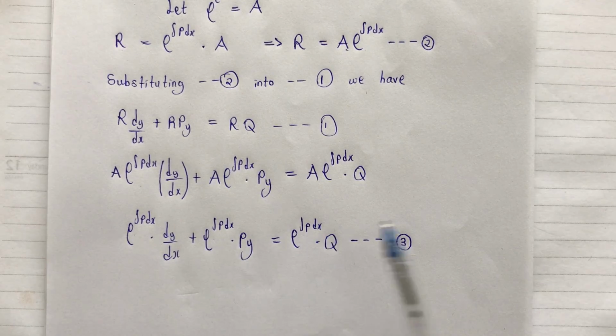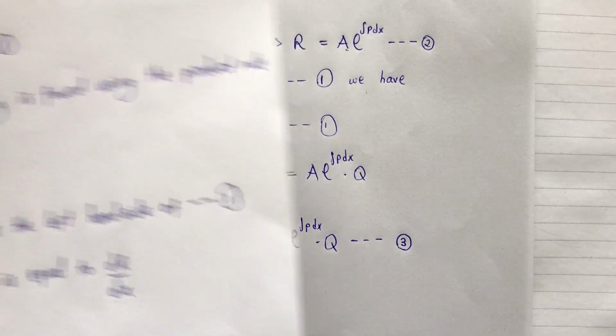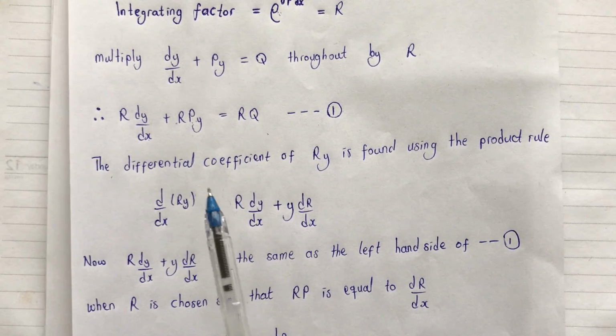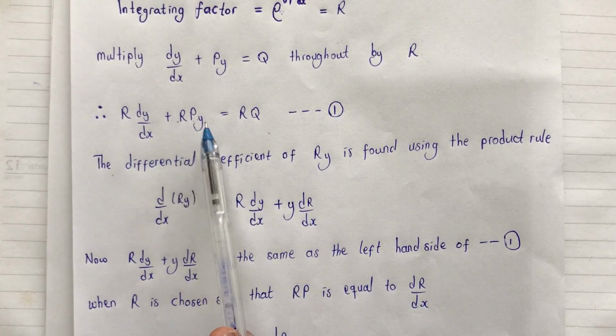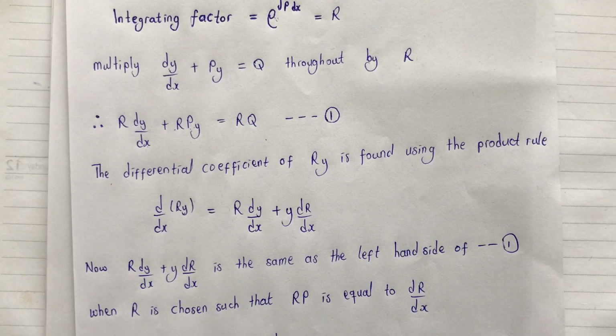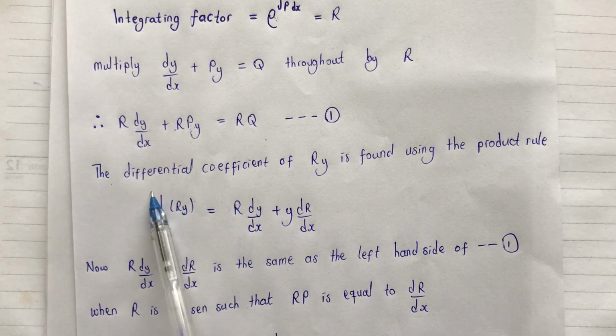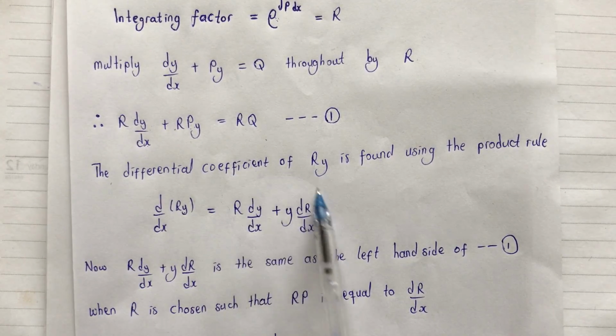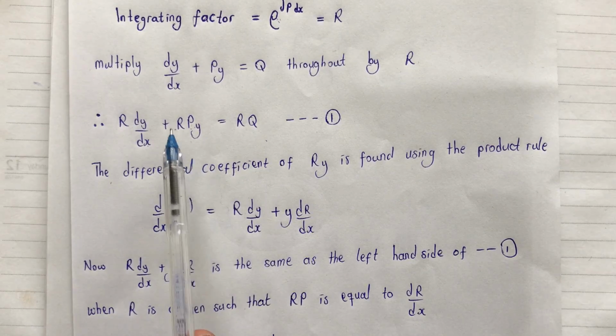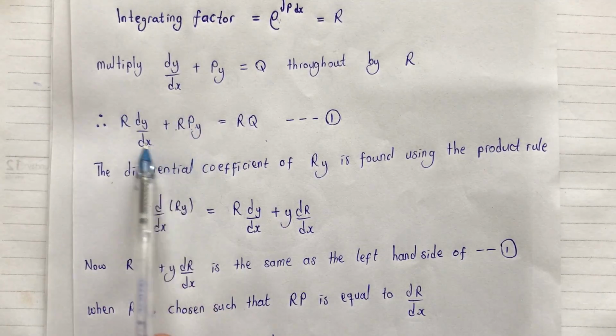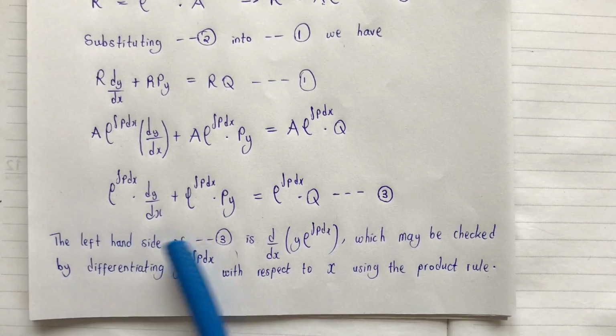Also in the beginning I was saying that the differential coefficients of Ry are very important to us, because when we take the differential coefficients of Ry, the result is equal to the left hand side of what? Equation 1.